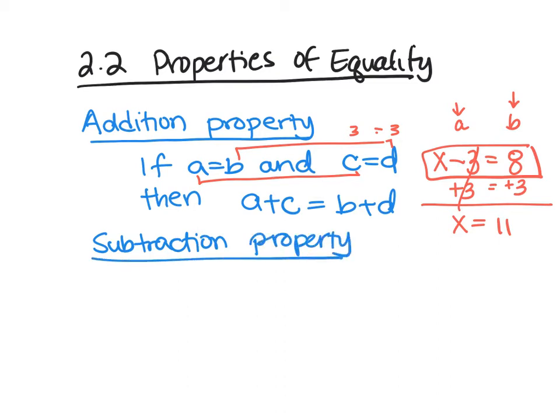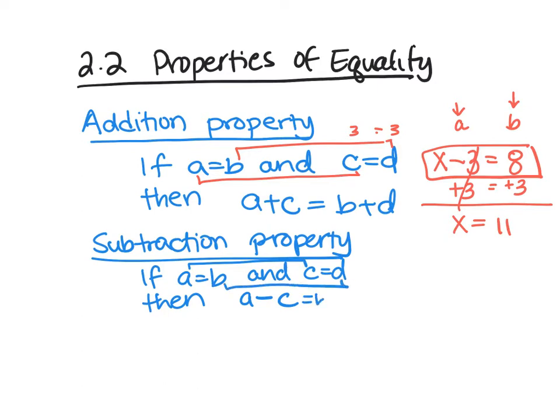And that's just going to start the same exact way. So if A equals B and C equals D, then, and yes, I do want you to write these down, this time A minus C is going to equal B minus D. And I'm guessing you can figure out what the multiplication and the division property are going to be. So multiplication, remember, to get the full credit, you need to write all of this out.